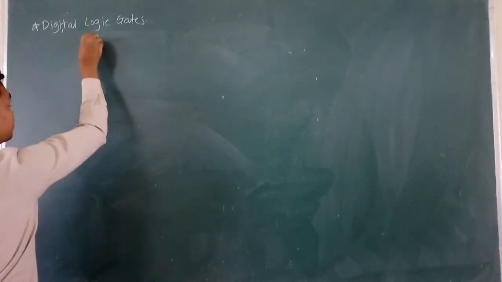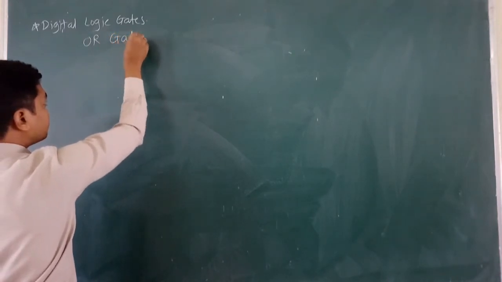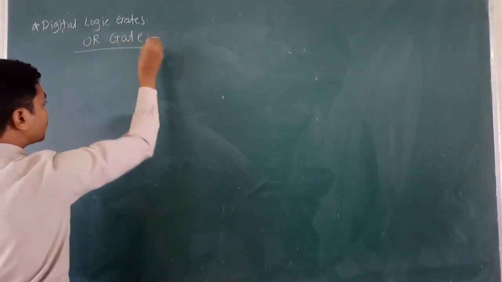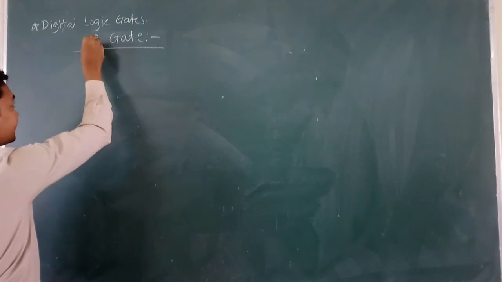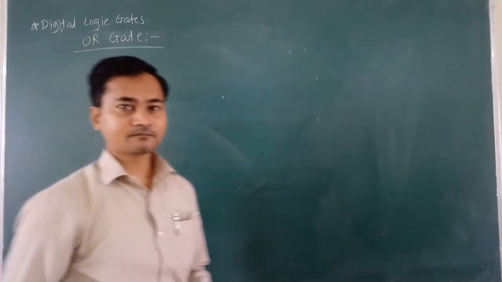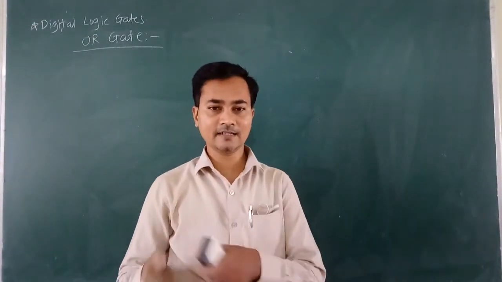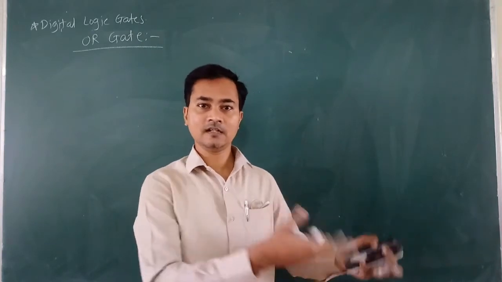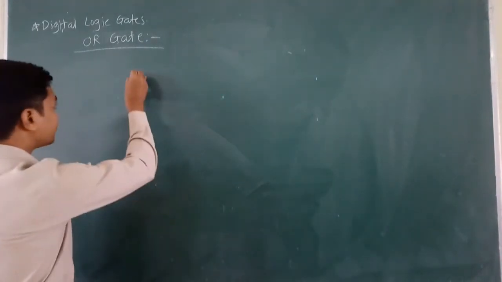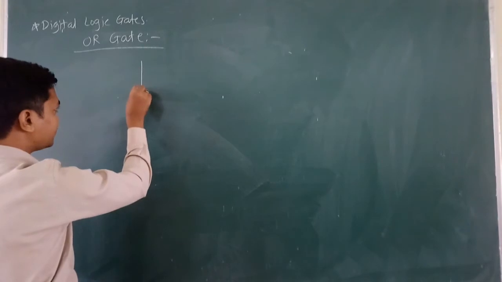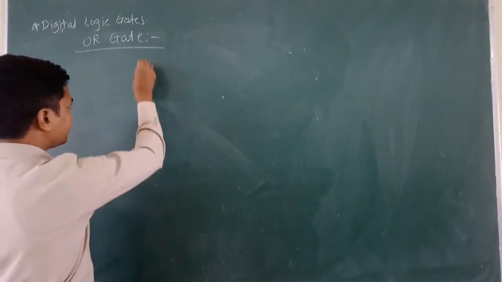OR logic gate. The name itself tells that this is an OR operation. That means either this or that. So I can simply draw the circuit diagram here using switches.